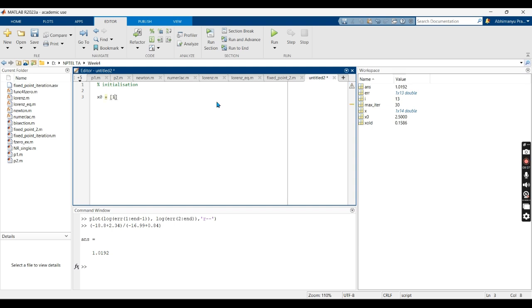X0 initialize with 1, 1, 1. Tol is equal to, max iter.